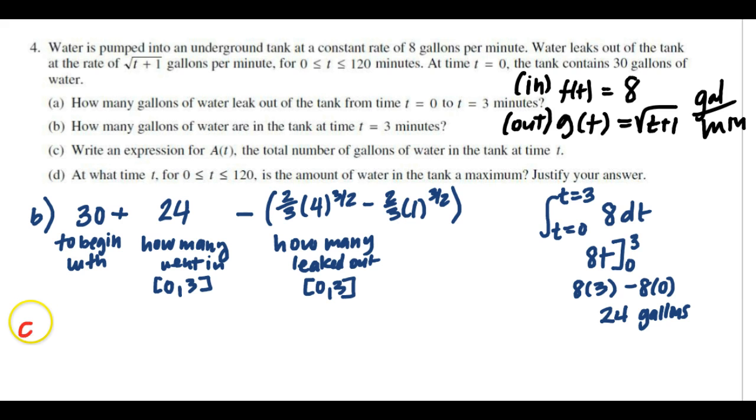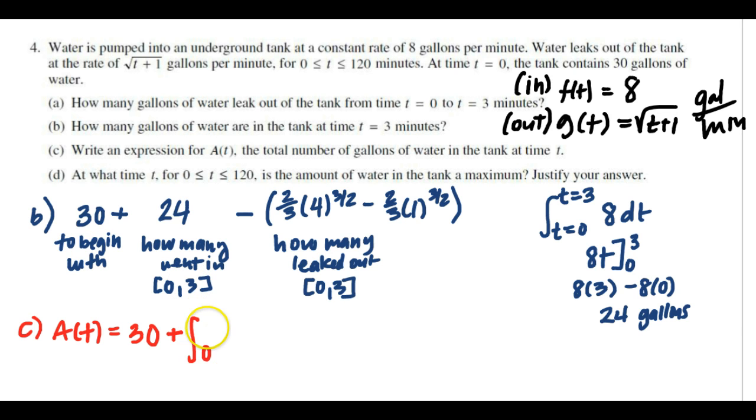So let's go ahead and start. Part C is going to be A of t is going to have to equal, so we're about to write out a function. And writing out part B like this should help us write the function A of t. So to find the total number of gallons at some generic time t, well, it still matters how many gallons there were to begin with, so that's not going to change. I'm still going to need to start with the fact that there were 30 gallons in the tank, and I'm going to need to add however many gallons went in, but instead of between 0 and 3 this time, it's going to be between 0 and t.